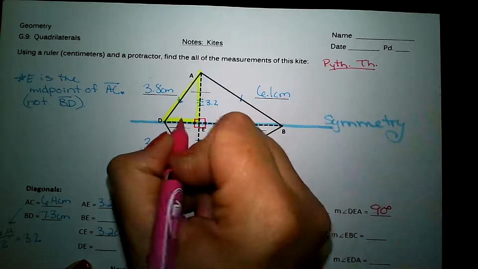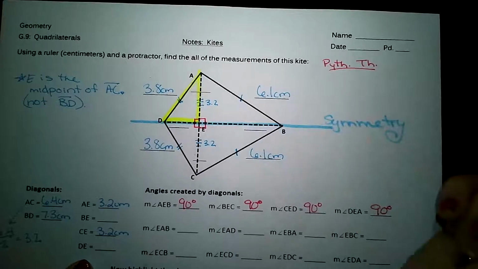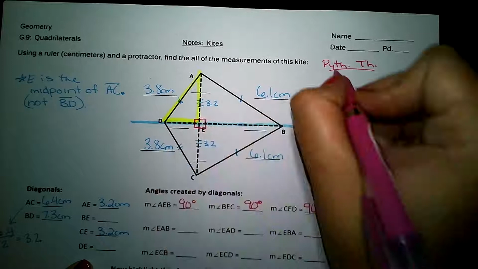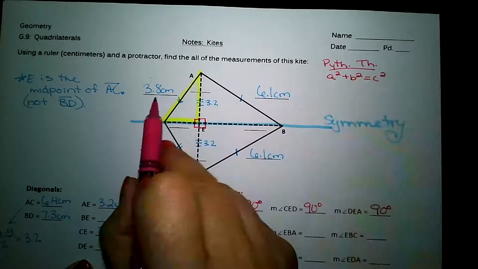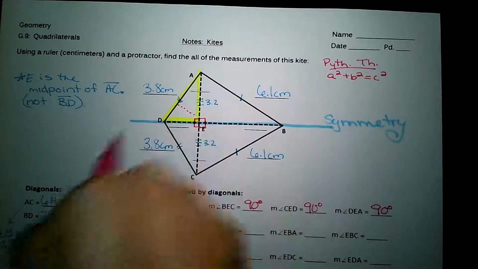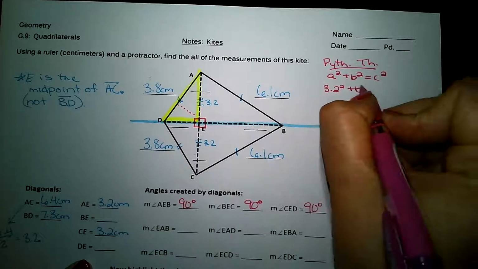I'm going to use it right now on ED since that's what I've highlighted. So 3.2 can be my A squared. 3.8 is across from the right angle here, so that has to be the C, which means I'm solving for the B.